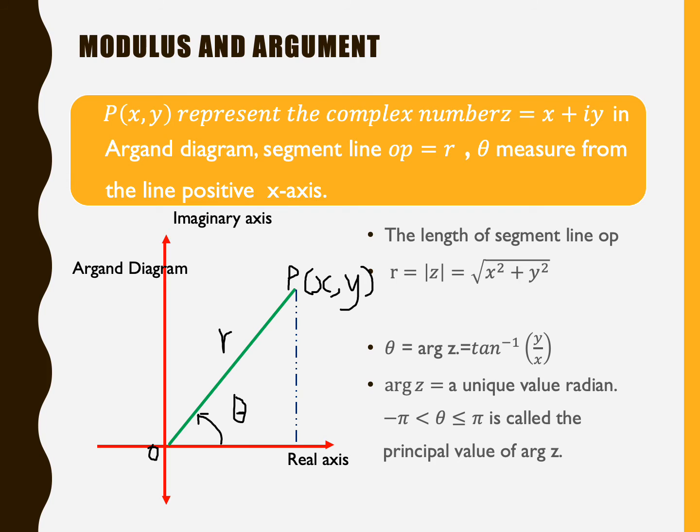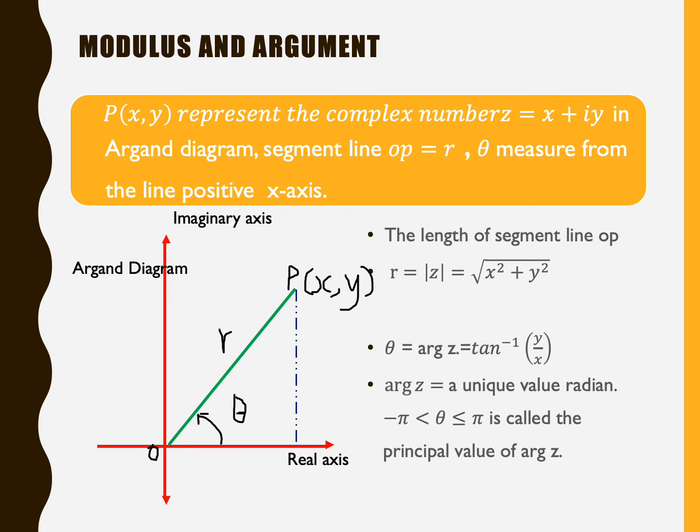Modulus and argument. A point P(x, y) represents the complex number z equal to x plus iy in the Argand diagram. Segment line OP equals r, and theta is measured from the positive x-axis. From the diagram we can see the real axis is the x-axis and the imaginary axis is the y-axis.